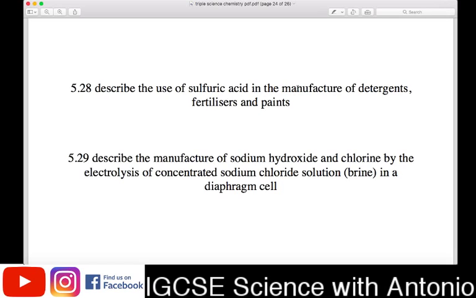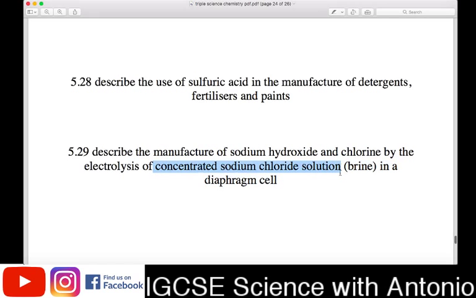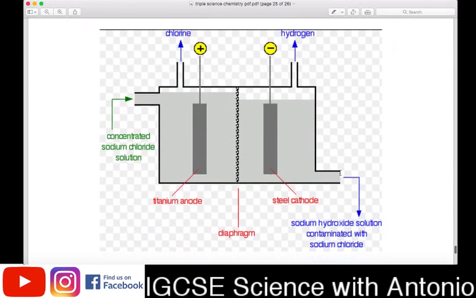Okay, now, we also want to make sodium hydroxide, and sometimes we also want to make chlorine. So what do we do? We do electrolysis of brine. Now, brine is a concentrated solution of sodium chloride, in a diaphragm cell. So, let's look at the diagram right here. You put in concentrated sodium chloride solution.